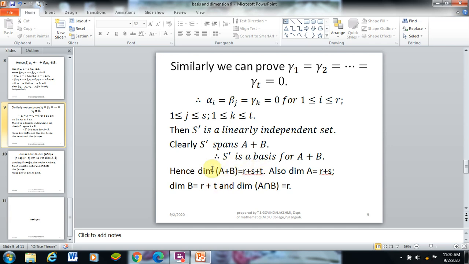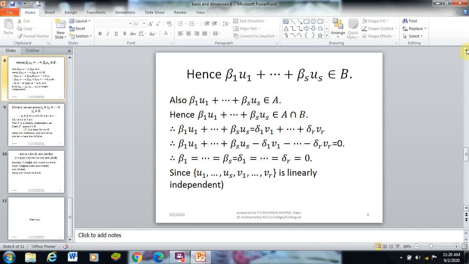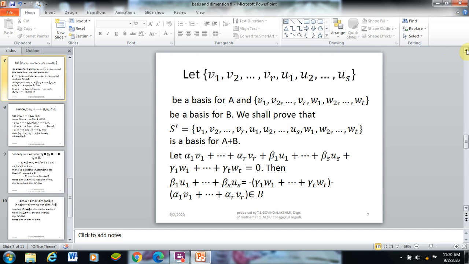So the dimension of A plus B equals r plus s plus t, since r, s and t elements are involved in the basis for A plus B.